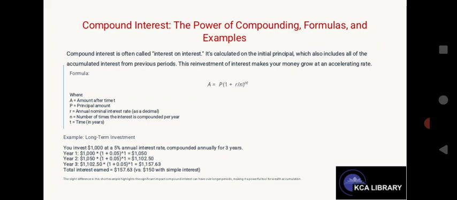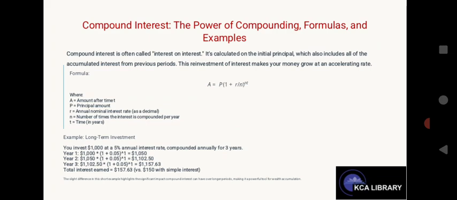Let's take this example. For instance, if you invest $1,000 at a 5% annual interest rate, compounded annually for 3 years. Now, for the first year, your principal is $1,000. So when you put it into the formula, at the end of the day, you will have $1,050. So the amount you have for year 1 becomes your principal in year 2.